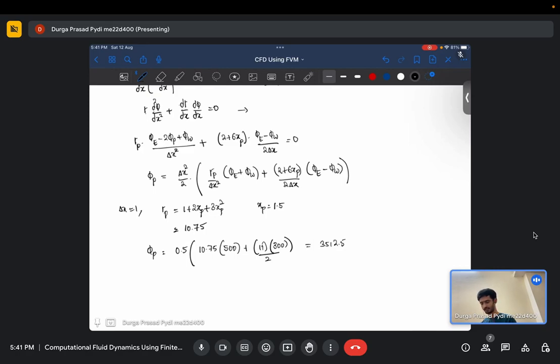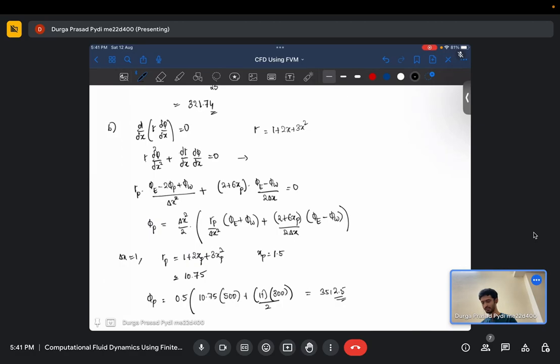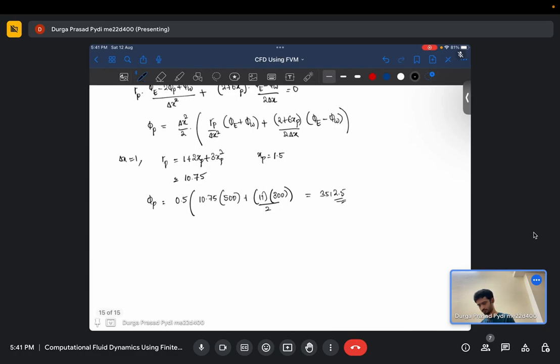I hope my calculations are correct. But it shouldn't be this far away. Even then you can see the difference here, but ideally this should match with this. In this particular case, maybe it is quite too high. It shouldn't be the case. Okay, we'll just go with this.